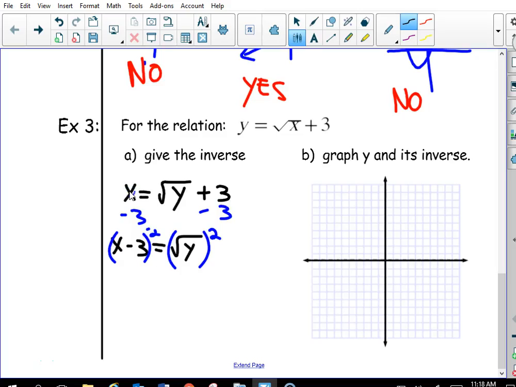Okay, so our inverse, y to the minus 1, is going to be (x minus 3) squared.